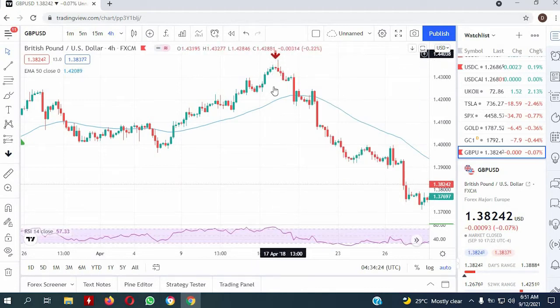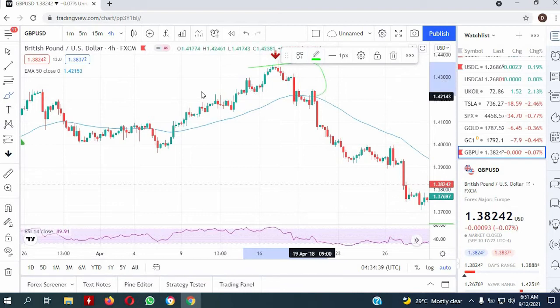The market came into this point right here and created a zone, or a structure. Let me draw this out. So the market created a structure right here.